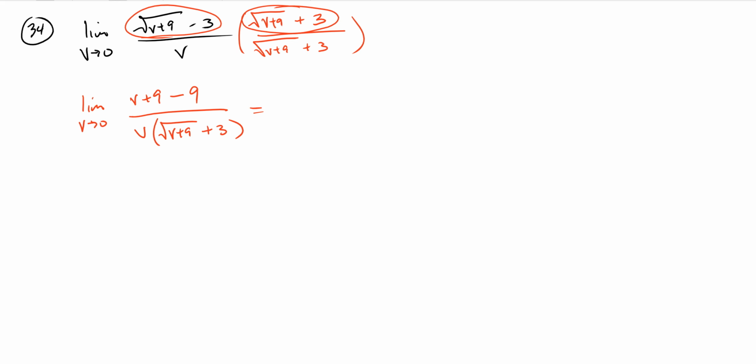Continue to reduce that down. The 9's cancel. These v's are going to cancel as well after those 9's cancel, and now I'm left with a 1 over radical v plus 9 plus the extra 3. Now I can plug in the 0. That's going to be 1 over radical 9 plus 3, which is 1 over 3 plus 3.